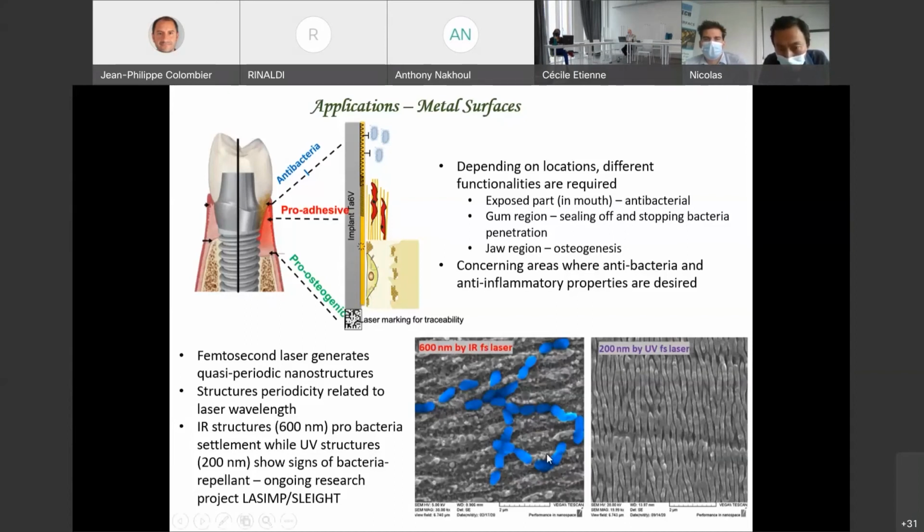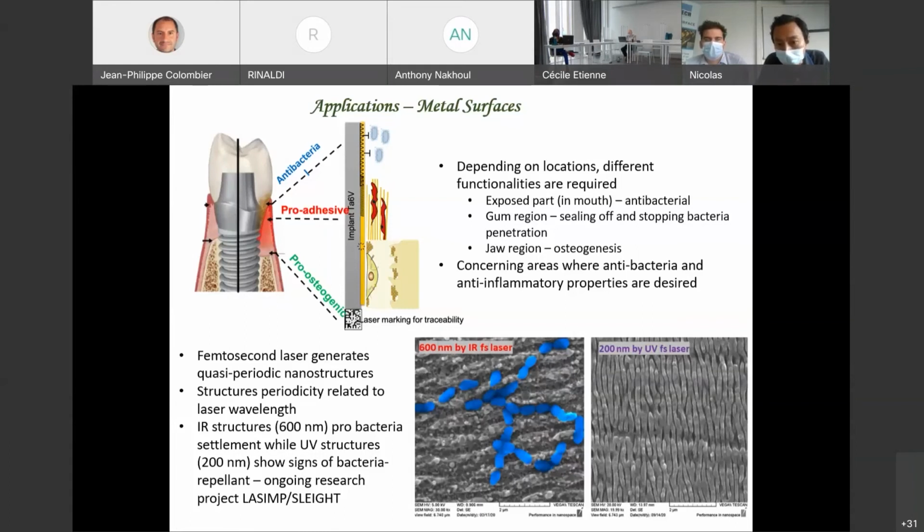So on the bottom left, this 600 nanometers periodicity is a hotbed. It's very comfortable for the bacteria to proliferate, to accumulate, and be active. On the other hand, we can produce nanostructures with ultrafast UV laser pulses, and we create periodicity smaller than the wavelength of the laser source.